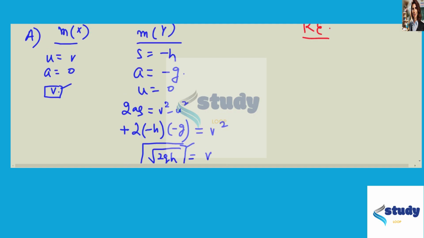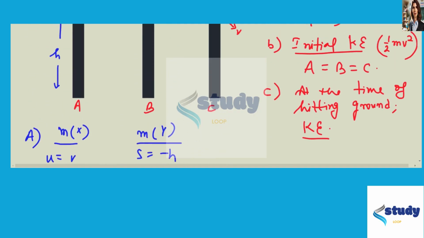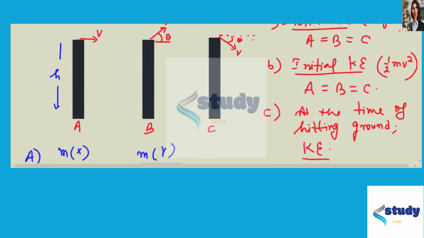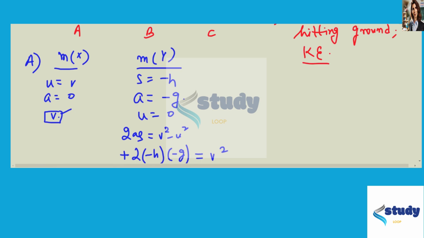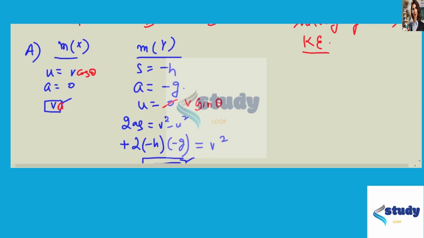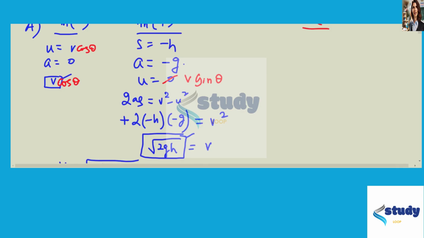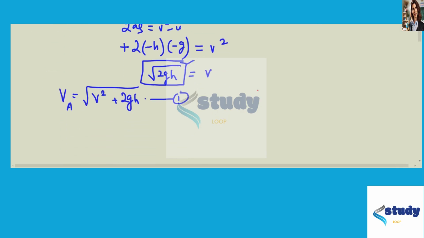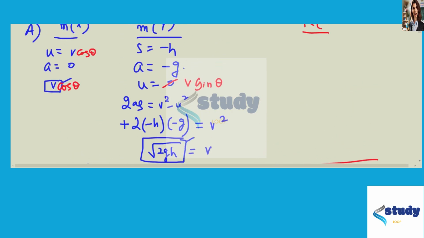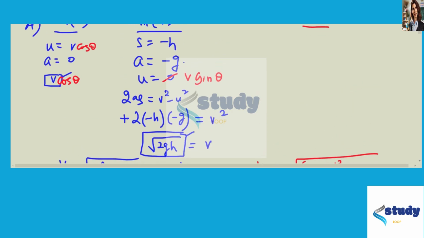Similarly, if we try to get for the second one, all other things remain same, only the initial velocity changes. Along y it will be v sine theta, and along x the initial velocity will be v cos theta. Finally also it will be same along x because there is no acceleration. In the second case, vb will be root of v cos theta whole squared plus the speed along y direction.